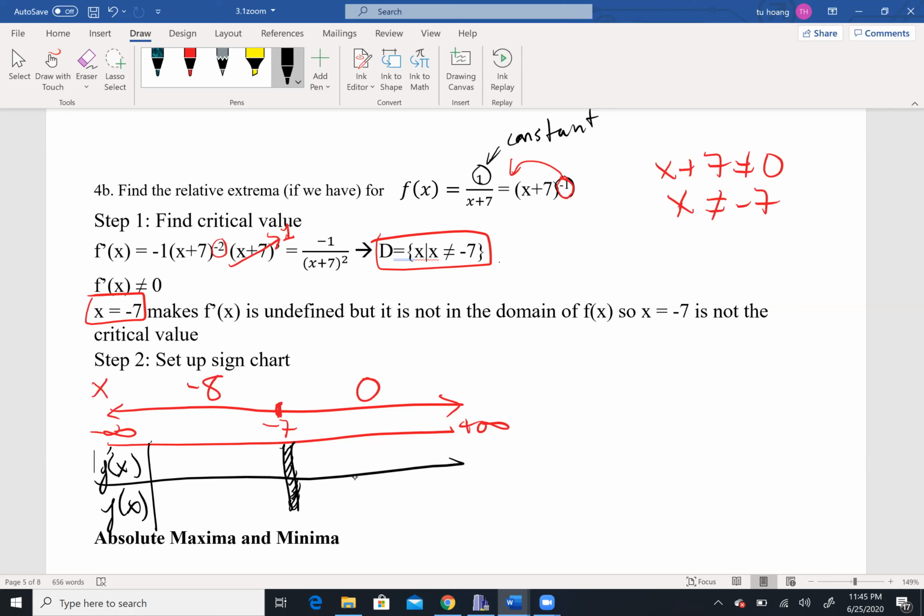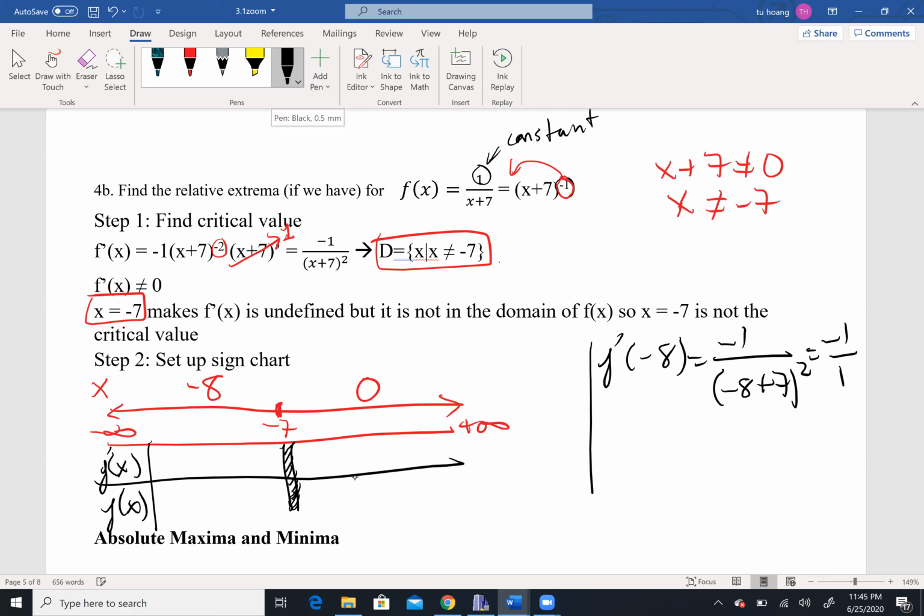So now I'm going to check the interval from negative infinity to negative 7 by plugging in f'(-8). f'(-8) is negative 1 over (negative 8 plus 7) squared. Then I have negative 1 over (negative 1) squared, which is negative 1 over 1, and that gives me negative 1. So f'(x) is negative.